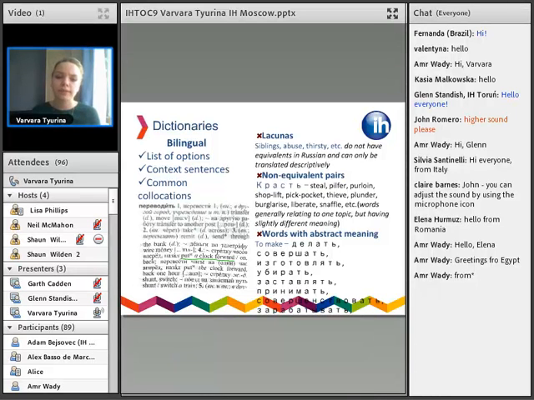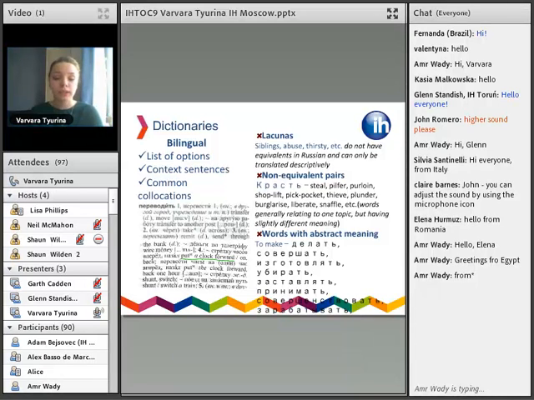Then we also have non-equivalent pairs when we have a concept which is embodied through one word in one language and multiple words with slightly different meanings in the other language.